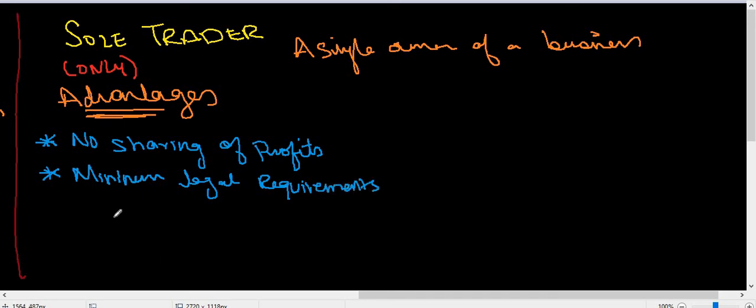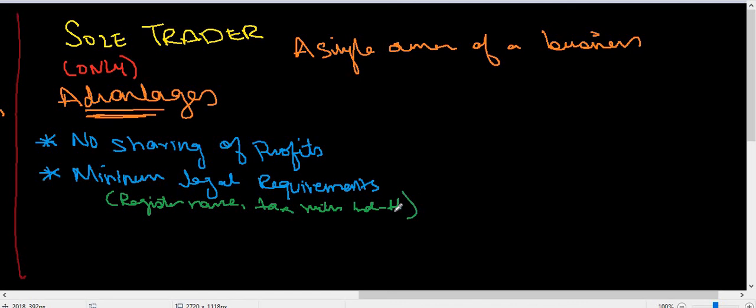When you say minimum legal requirements, it simply means you need very few things, just like a registered name of the company, and if you're in a country where you pay tax, individual tax returns.